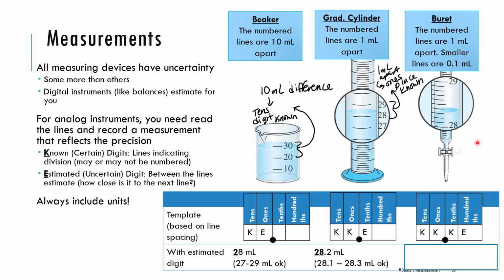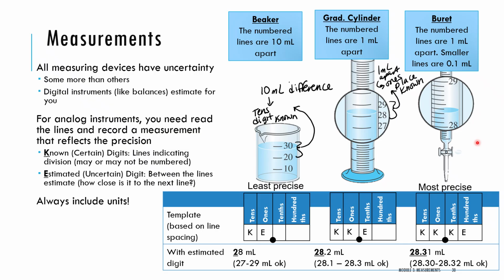The liquid level is just above the 28.3 line, so the reasonable measurement is 28.31 milliliters. If you believed the liquid level is exactly on the 28.3 line, you would record the measurement as 28.30 milliliters. That 0 is important because it is your estimated digit.